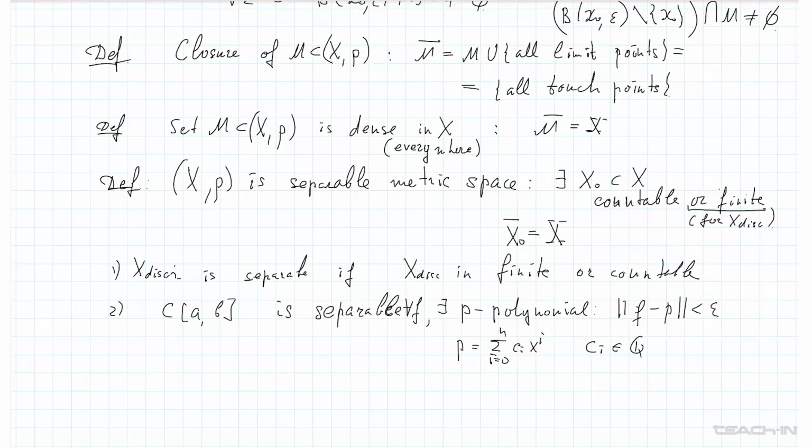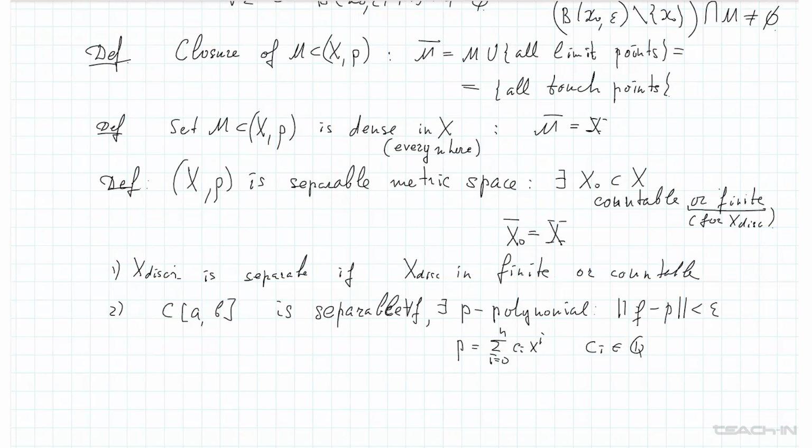Can you give me an example of a non-separable space, not discrete, which is not countable, from our list? Can you find one? I think Lp spaces are not separable. Lp small or Lp large? Lp large.